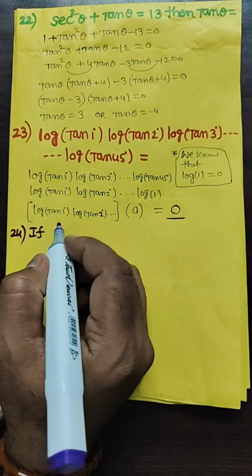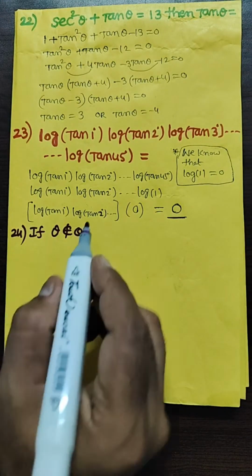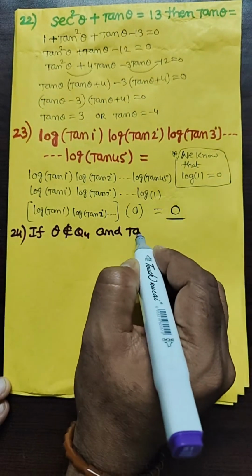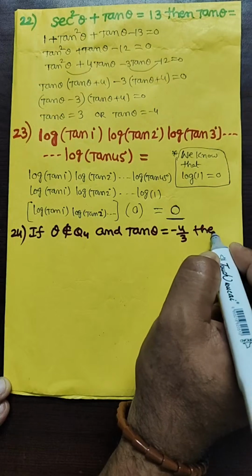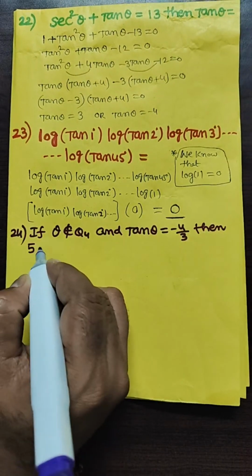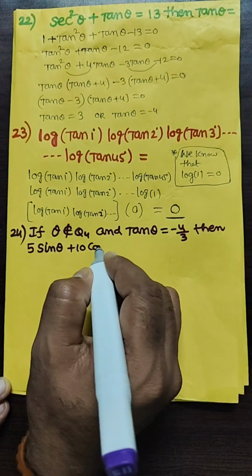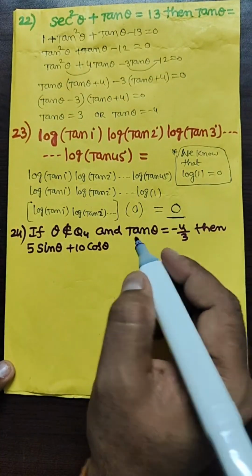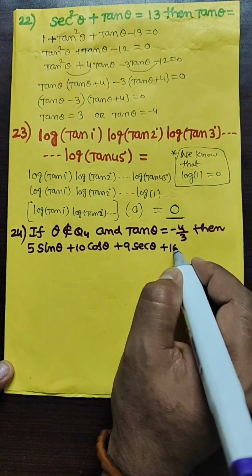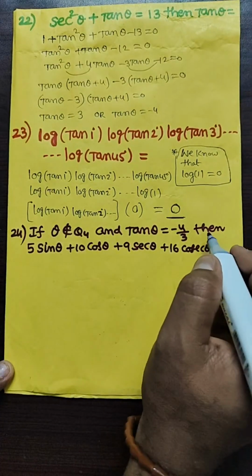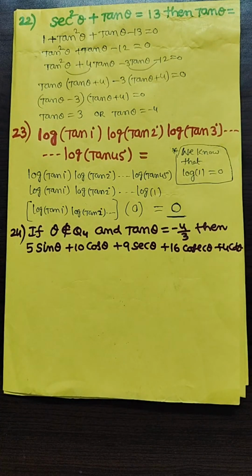If theta does not belong to Q4 and tan theta is minus 4 by 3, then the question is 5 sin theta plus 10 cos theta plus 9 secant theta plus 16 cosecant theta plus 4 cot theta. See, what is the answer for this?